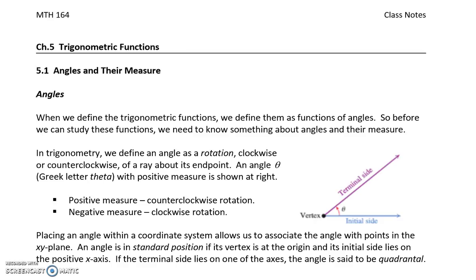A positive angle measure corresponds to a counterclockwise rotation, as is illustrated in the figure to the right. A negative angle measure corresponds to a clockwise rotation. So counterclockwise is positive, clockwise is negative.